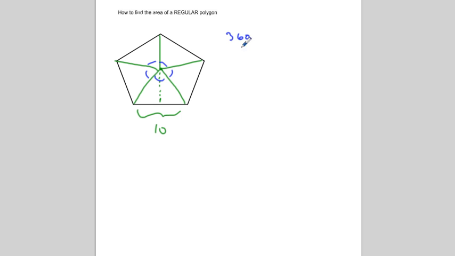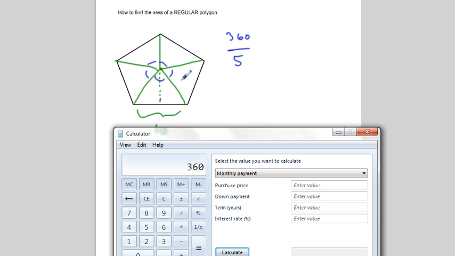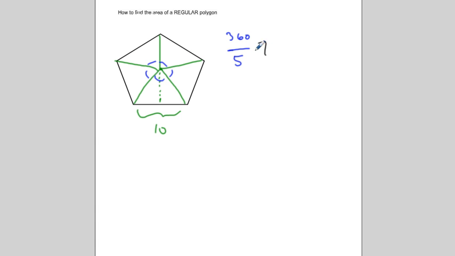So I'm going to take 360 and divide it by 5. 360 divided by 5 is 72 degrees. So each angle is 72 degrees. This is 72, this is 72, this is 72, and so forth.